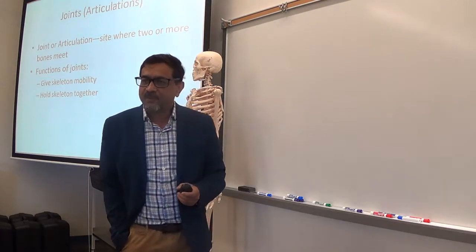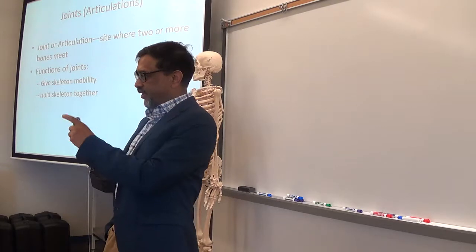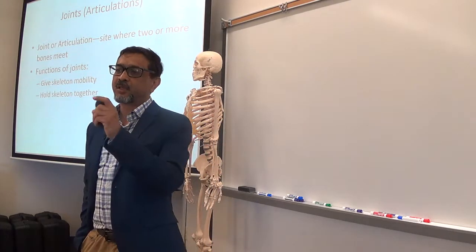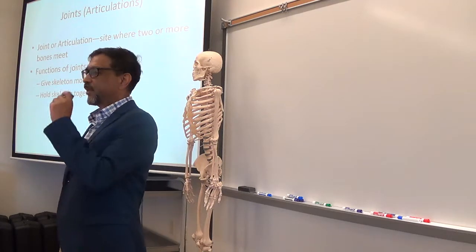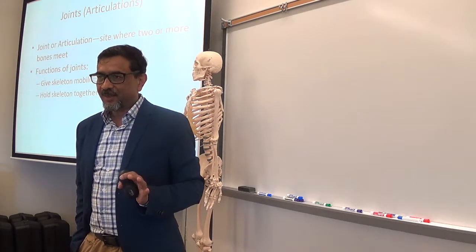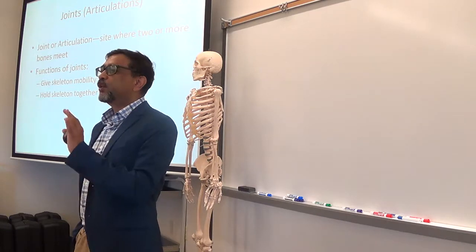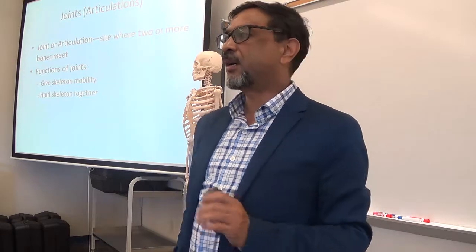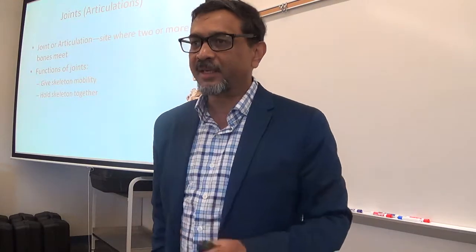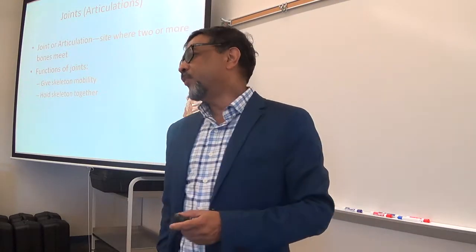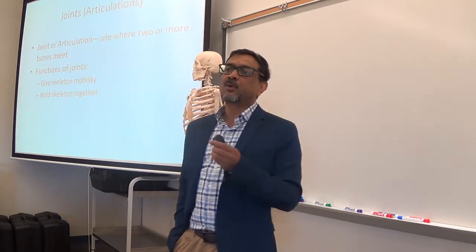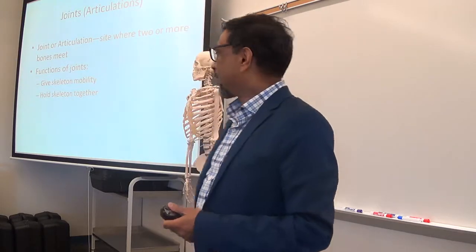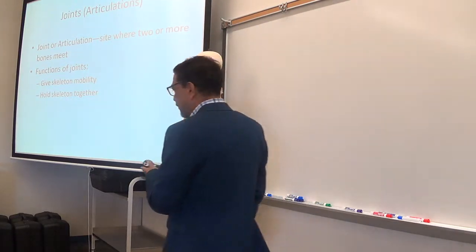What are the joints? Joints are the locations where two or more bones articulate or unite. Is it clear? So, where two or more bones join together or articulate or unite. Therefore, joints are also known as articulations. Another name of joint is articulation.